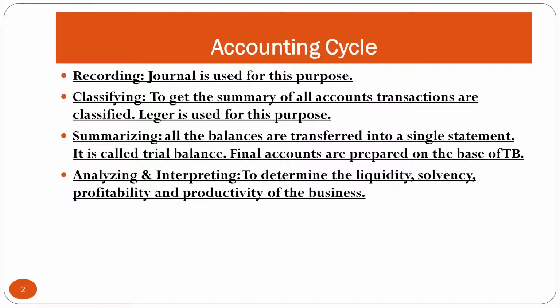We have discussed recording of the financial transactions in the book of journal, then classification, posting of the journal entries into the ledger account after classification, and after preparation of the ledger, we go for summarizing, where we prepare the final accounts, which means the profit and loss account and the balance sheet for the financial year.